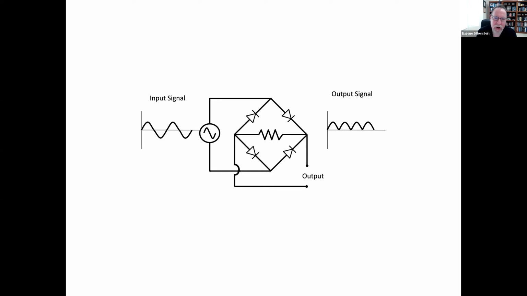And when I describe this to my students, I refer to a diode as a check valve for electric current. It allows current to flow in one direction and one direction only.